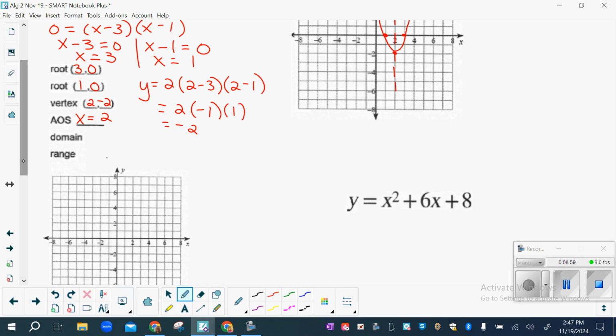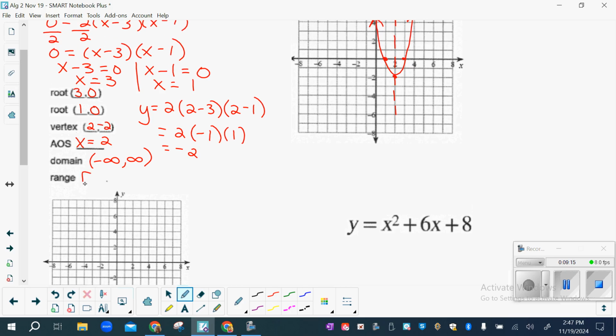What's our domain? That's right, -infinity to infinity. And go ahead, find the range too. Good. Bracket -2 to infinity.